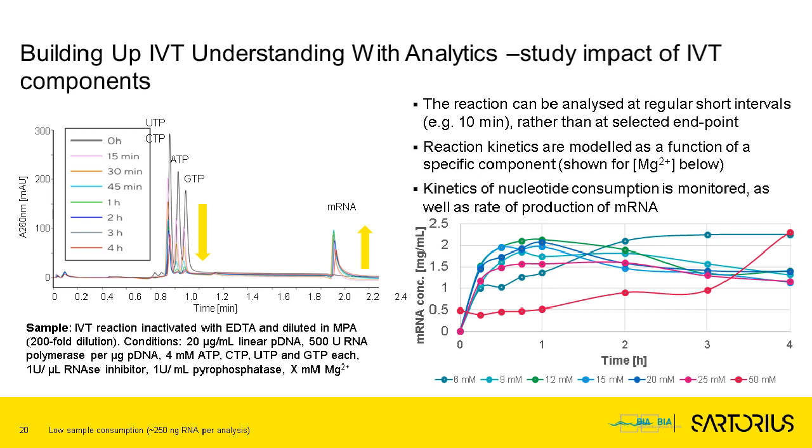So we've now optimized just one factor at a time, but we've gained a lot of insight into the impact of this particular factor, namely magnesium, on the kinetics of mRNA production. So we can make decisions about which magnesium concentration to take forward and what is the selected time point from this point onward at which we'll be monitoring our mRNA productivity.